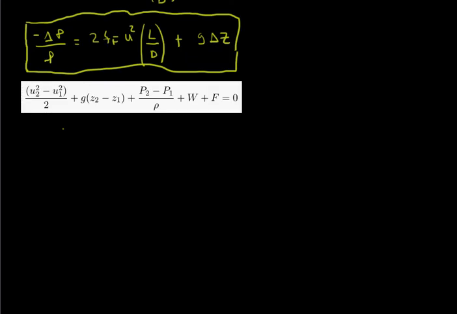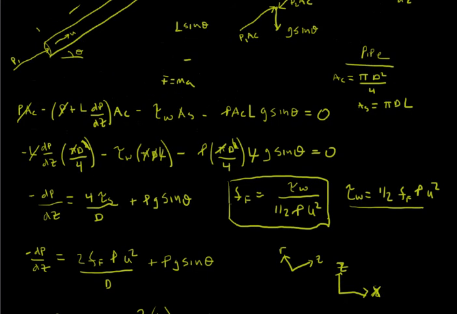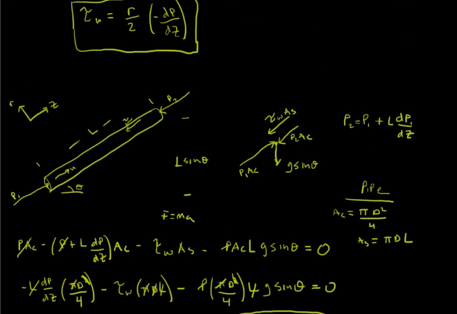Okay, so I just copied and pasted the mechanical energy balance here. The first term of the mechanical energy balance, the generalized Bernoulli equation, is the kinetic energy term. Let me scroll back up to our original picture. Alright, so this is the original picture.